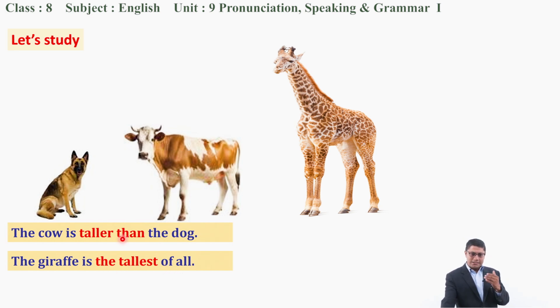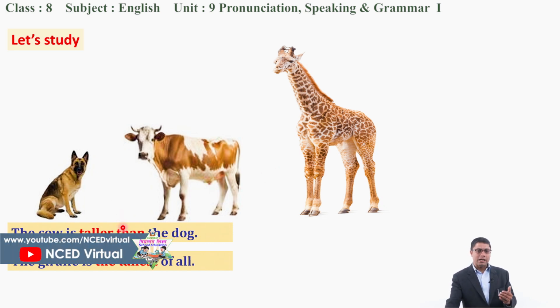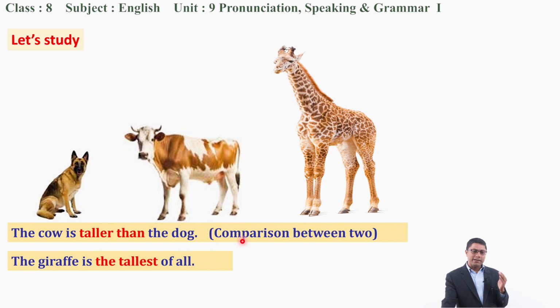Okay. So see, when we compare between two, here in the first one we compared between the dog and the cow. That's why we have used comparative degree. That's why when we make comparison between two, we use the comparative degree of adjective.